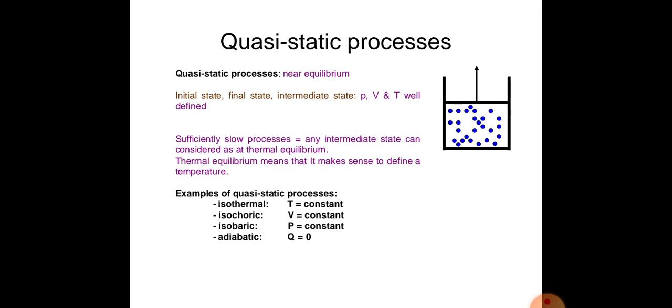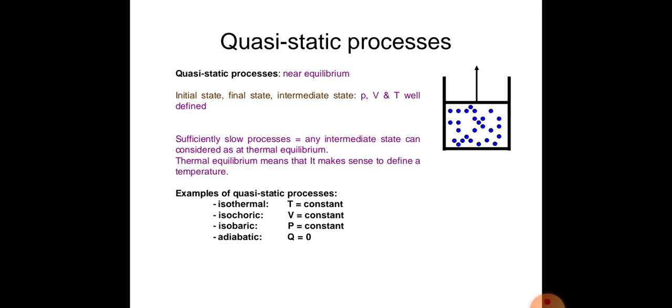Okay, now we come again to our point, which is quasi-static processes. In this we take one example. The initial state, final state and intermediate states are well defined by use of the P, V and T diagram, meaning pressure, volume and temperature.